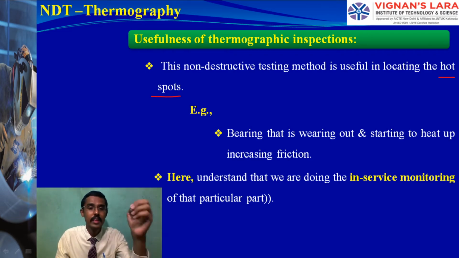See where the heat is generated, where we want to measure. For example, I have given a bearing that is wearing out and starting to heat up, increasing the friction. This friction causes heat.